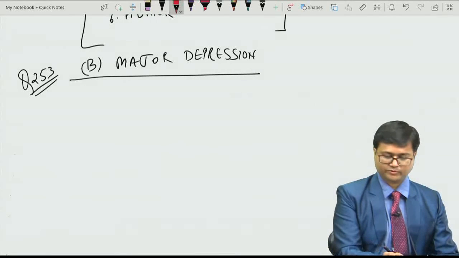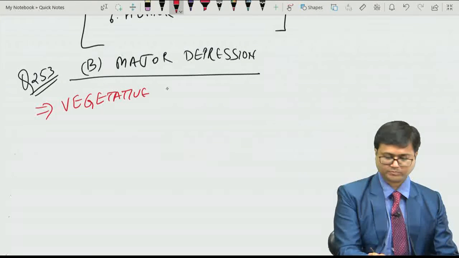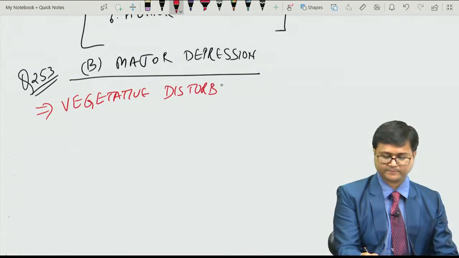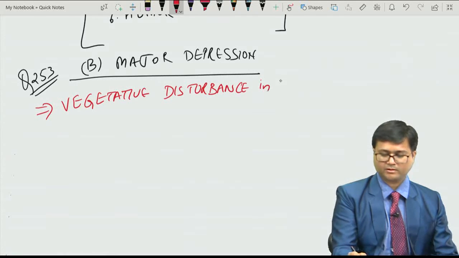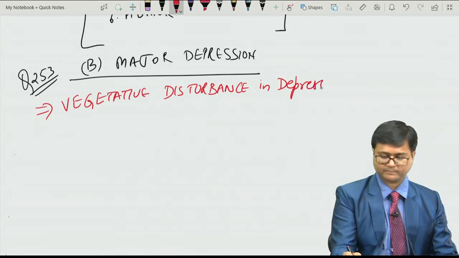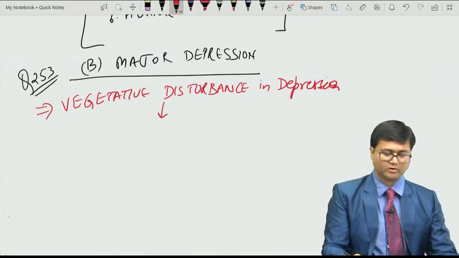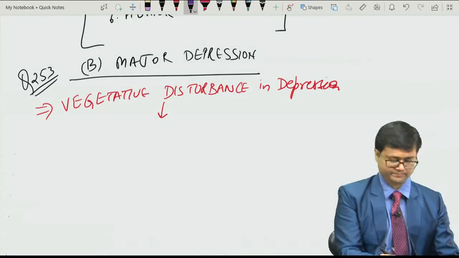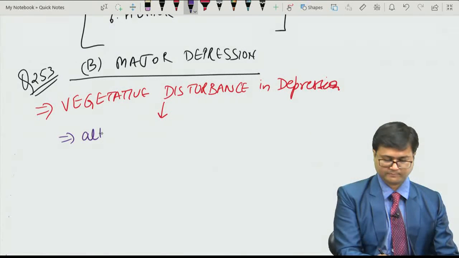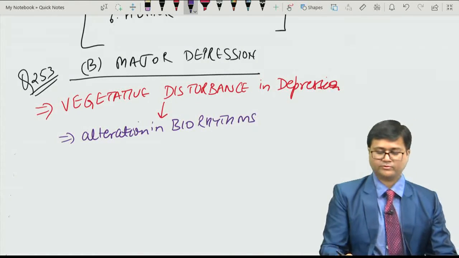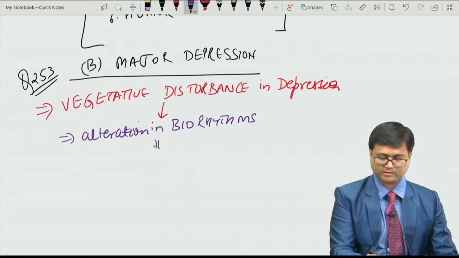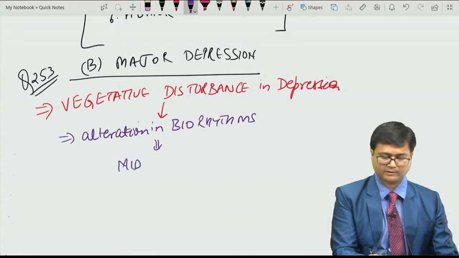Now, there are some of what we know as vegetative disturbances in depression. These are accompanied by alterations in the biorhythm, like sleep, feeding, which means that they are mid-brain dysfunctions.